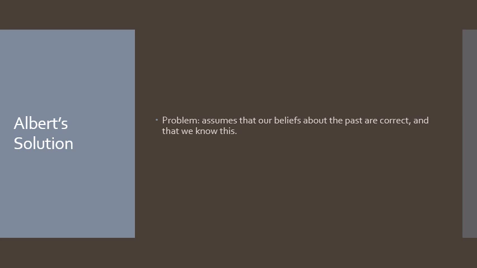That is, we should think that the probability of that is exactly the same as the probability that in the future a bunch of stuff is going to happen that's just like what we seem to remember. And so I don't think that we can just assume that our beliefs about the past are correct and that we know this in order to explain how we know that the two-way entropy law is not correct.